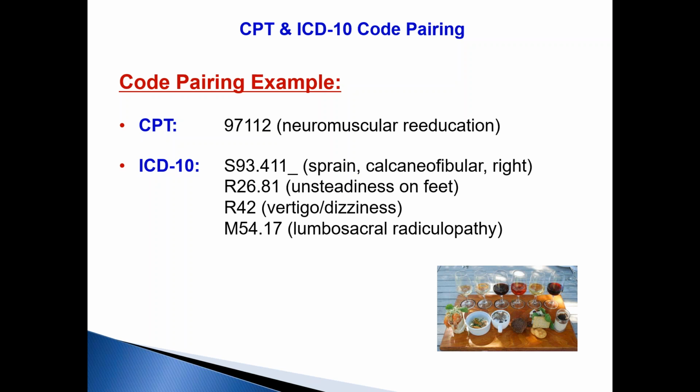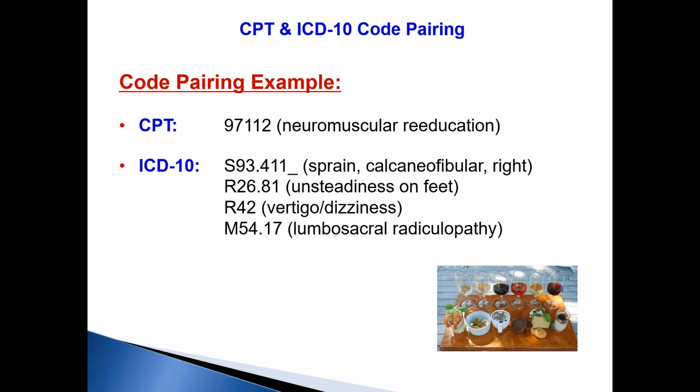There's the code S93.411, one of the most commonly sprained ligaments in an ankle injury is the calcaneofibular ligament. So S93.411 is sprained ankle, specifically the calcaneofibular ligament on the right side, and you want to do some neuromuscular reeducation to increase the proprioception from the ankle up to the brain.